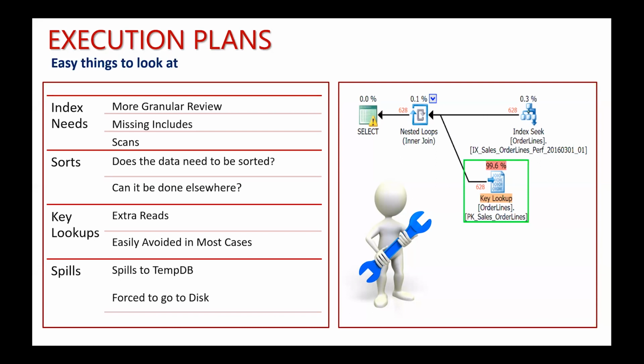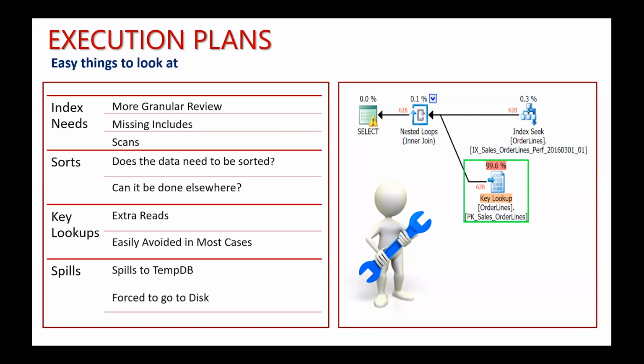Sorts. Sorts are one of the most expensive things inside your execution plan, inside your query. Why are you sorting? Why do you have a stored procedure that has 5 sorts in it when all you care about is the final result being sorted? Every time you resort, that's overhead in your system. So I want you to go through and figure out why you're doing these sorts. Can the sort be taken out?